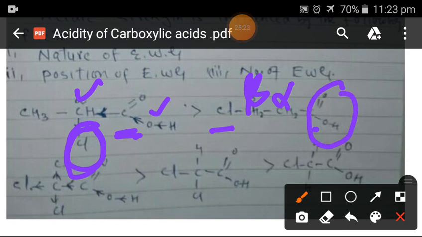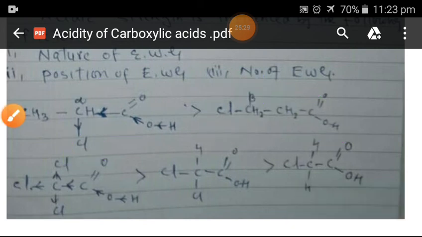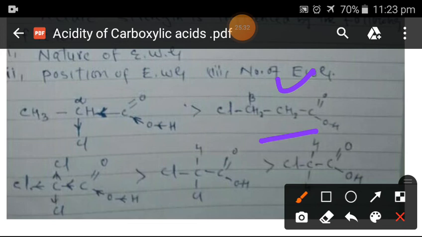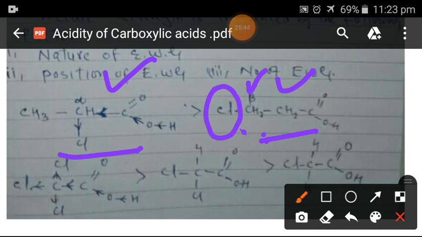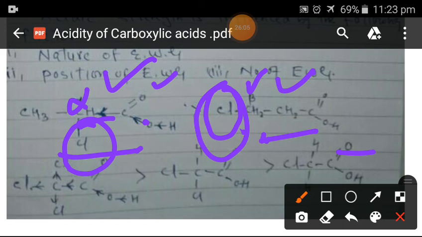Because it is a bit farther away, its effect is somewhat less. As a result, the acidic strength is less as compared to that of this one. So its acidic strength is less because of the position of the chlorine atom, which is a bit distant, present at the beta carbon, as compared to that of this molecule, where it is present at the alpha carbon, and this is very near to this carboxylic carbonyl group, as a result of which its effect will be more as compared to that of this electron withdrawing substituent.